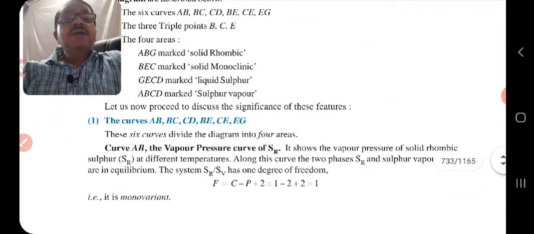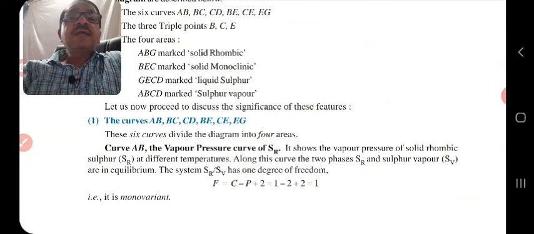Let us now proceed to discuss the significance of these features. First of all, the different curves AB, BC, CD, BE, CE and EG that we are going to study here. These 6 curves divide the diagram into 4 areas. Curve AB, the vapor pressure curve of SR. So it shows the vapor pressure of solid rhombic sulfur SR at different temperatures.